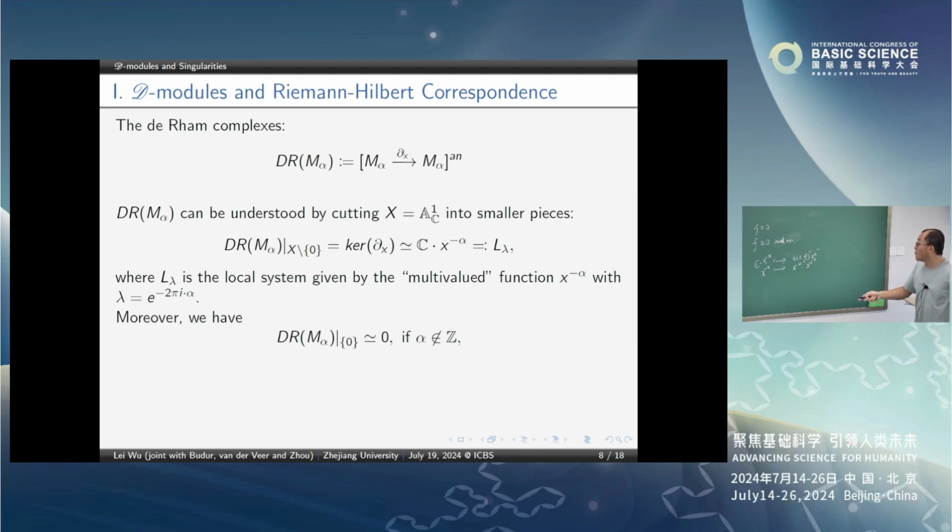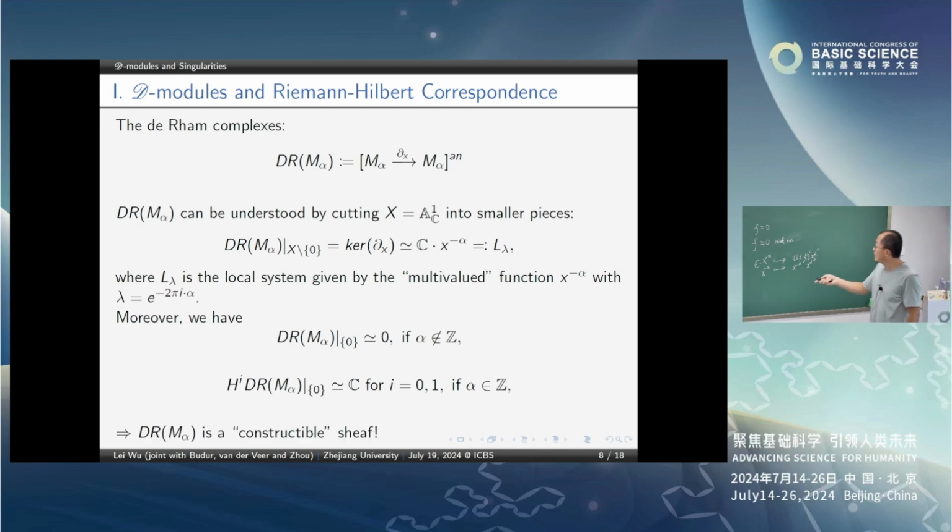So if alpha is not an integer, then the kernel and cokernel are both C. And yeah, this description makes the de Rham complex a constructible sheaf. That means it is more or less just a vector space or a variation like a local system.